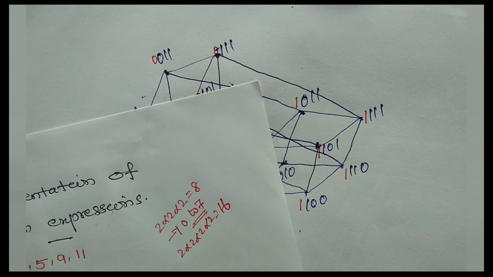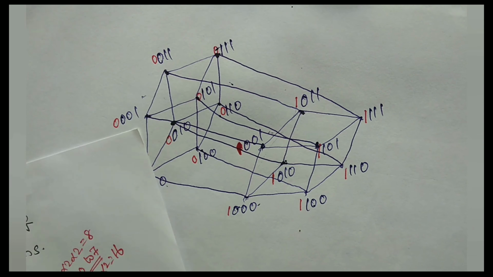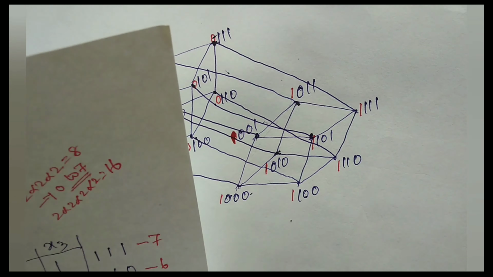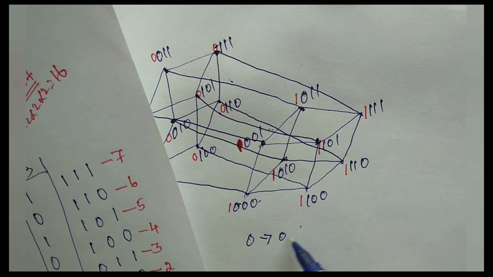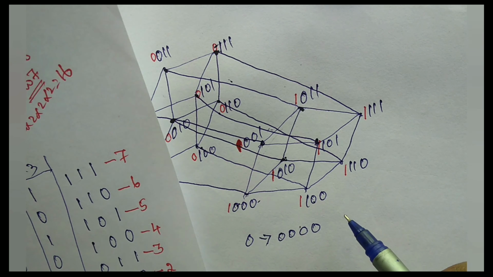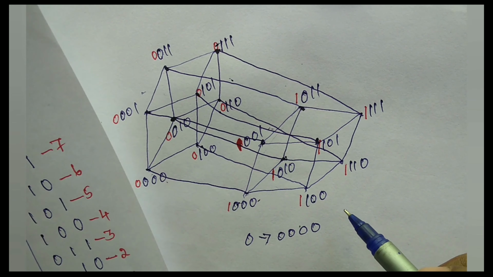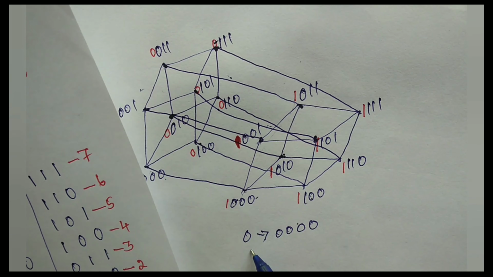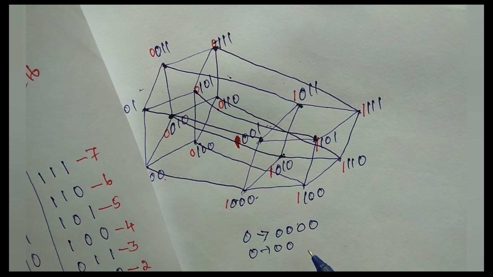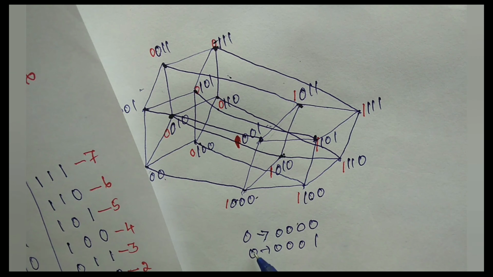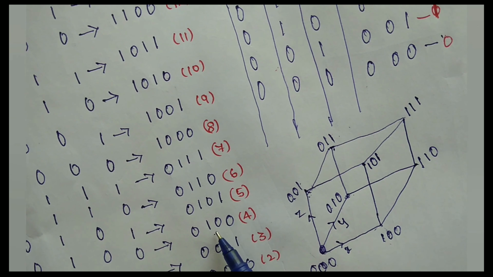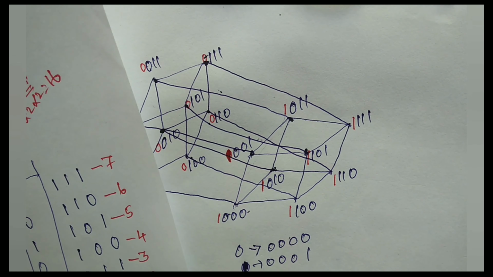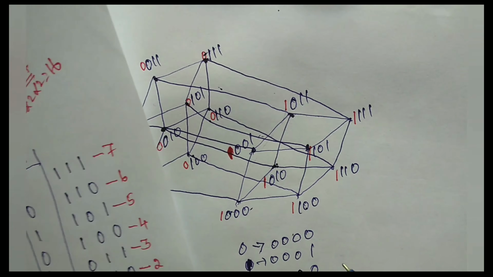So that is 0, that is 0, 0, 0, 0. Then 1 is 0, 0, 0, 1. Then 4 is 0, 1, 0, 0.